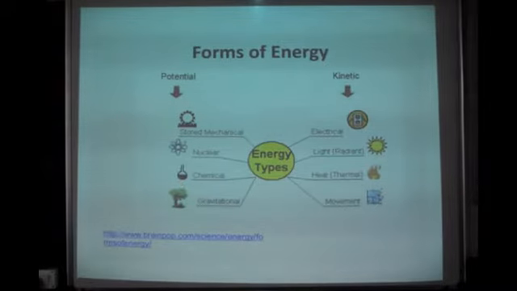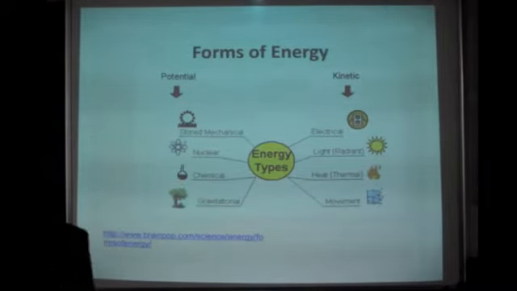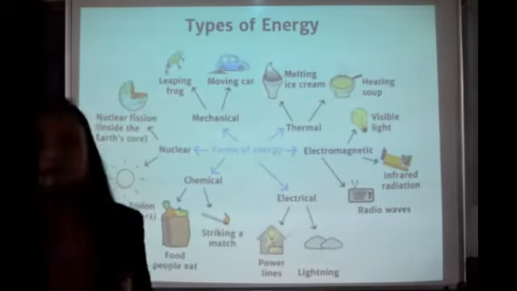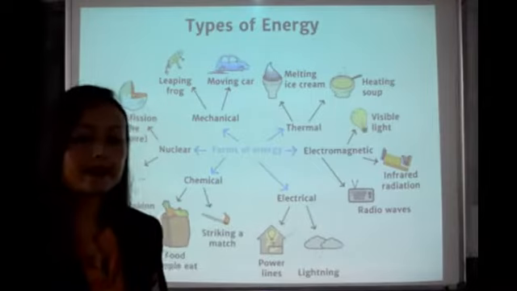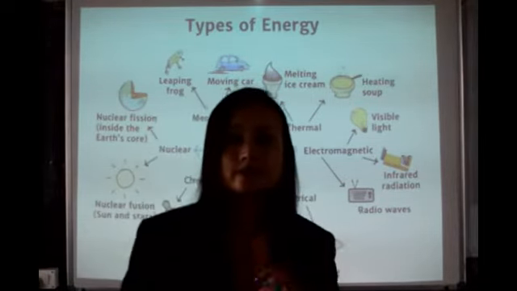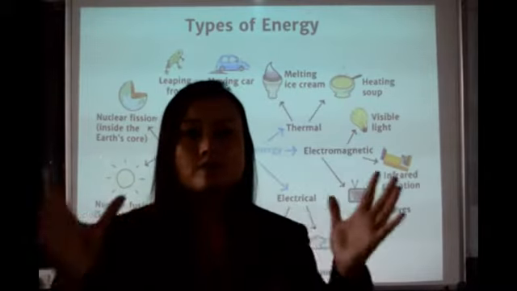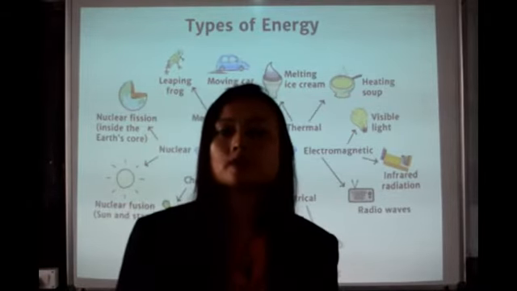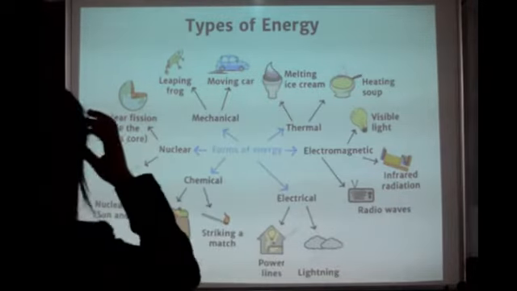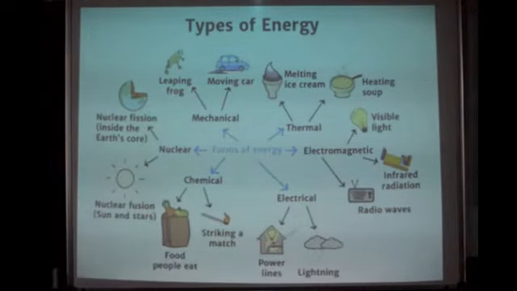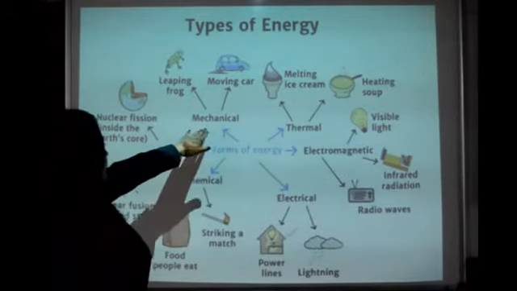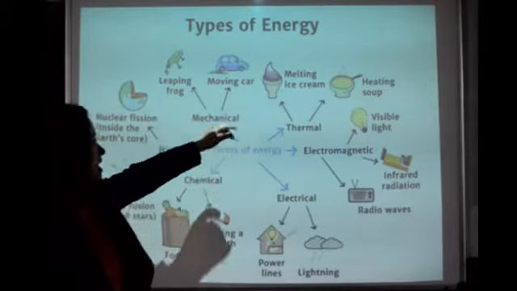You can see the picture there. Now actually, the energy, the different forms of energy, can be categorized into two types. One kinetic, the other potential. Now see here, types of energy, and these are the examples. So mechanical, you have living frog, moving car.